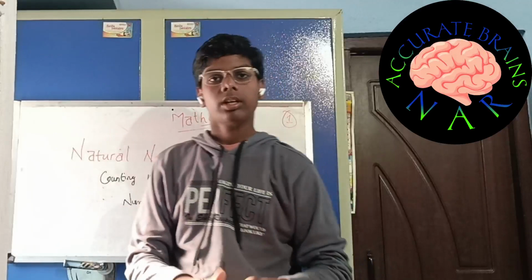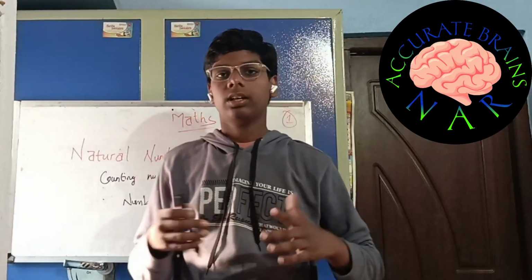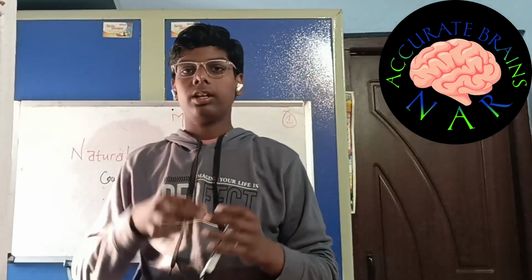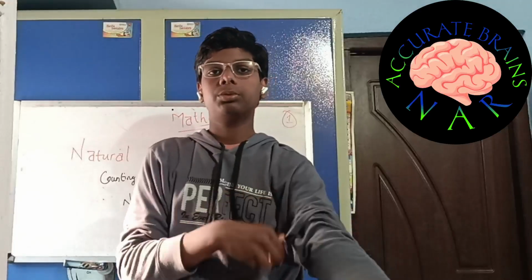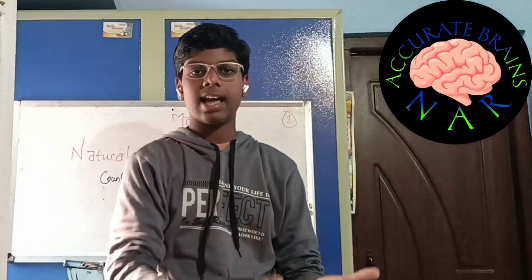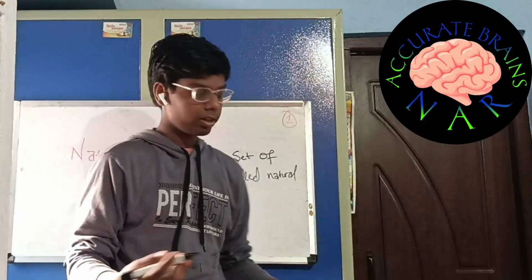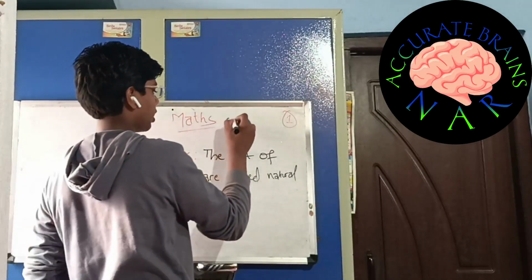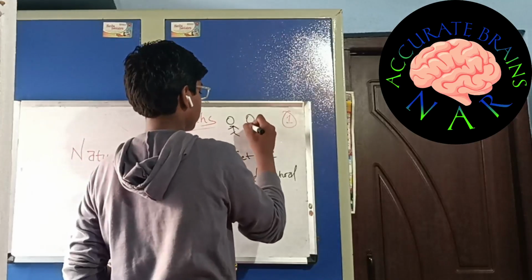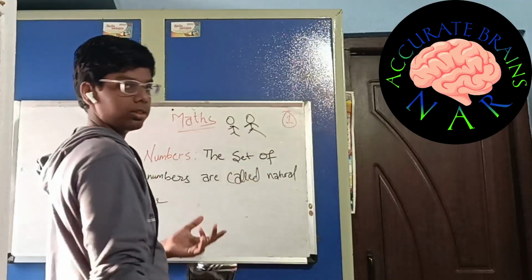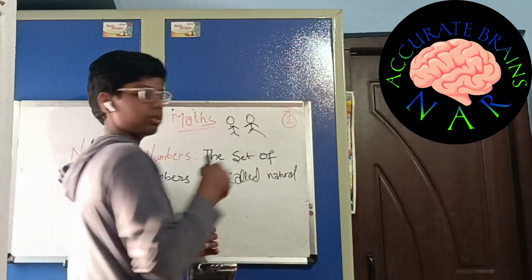Simply, if we watch any school classroom, there are 1, 2, 3, 4, 5 benches. If one bench, how many persons are there? You tell 1 and 2, so there are 2 persons.